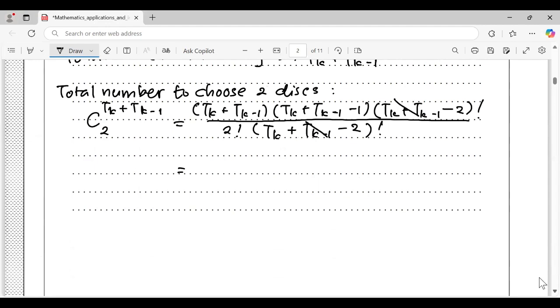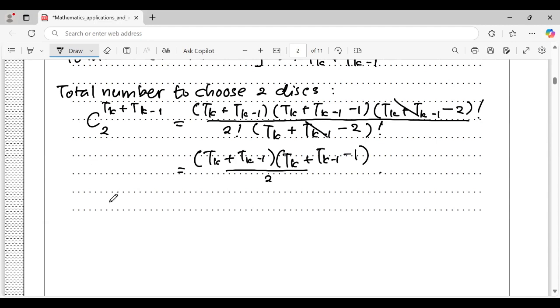This is the total number of ways to choose 2 discs.